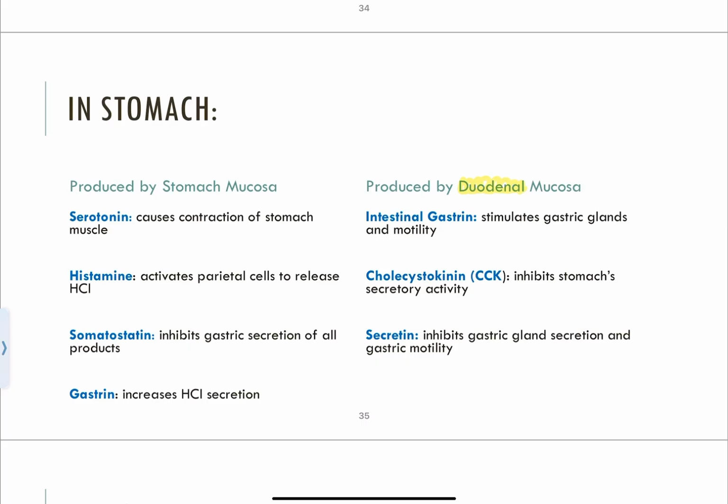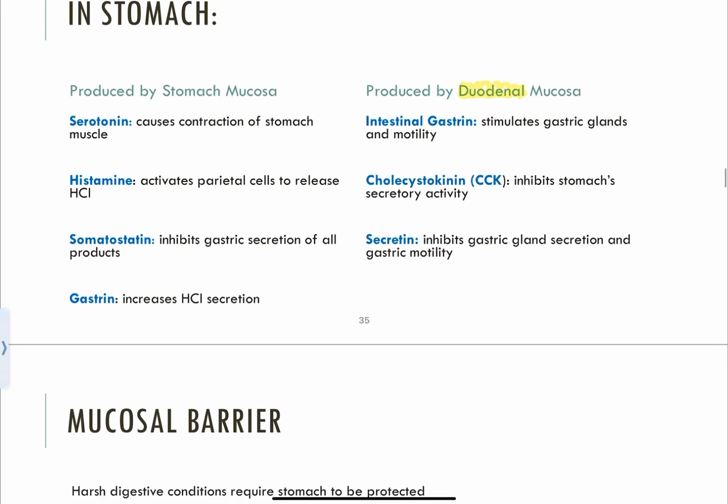Now, just because they're produced by the stomach or the duodenum doesn't mean that they act where they're produced. A lot of these will travel and act somewhere else. So this is just where they're produced: is it the stomach that's producing them or the duodenum? But where do these hormones or paracrines go to actually act?